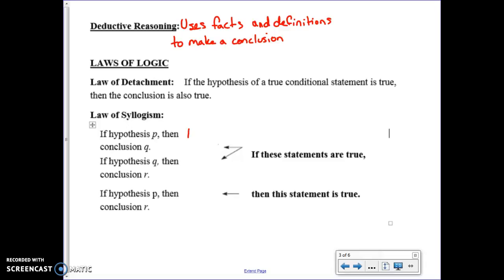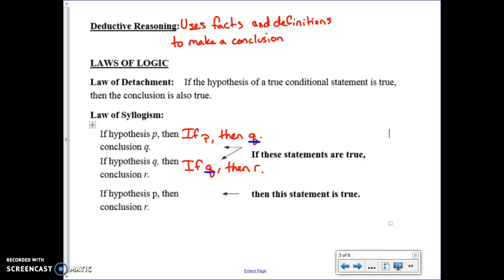And I want to take some of these words out of here. This says if P, then Q. I just took out the words hypothesis and conclusion. This one says if Q, then R. So you'll notice Q is repeated here both times.